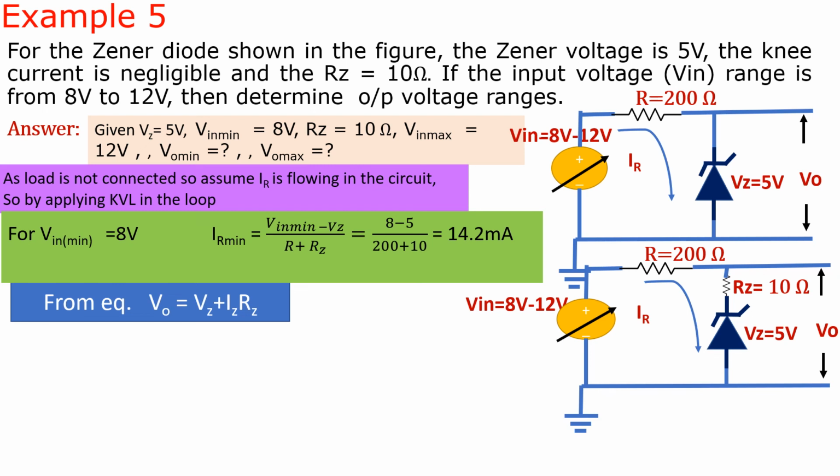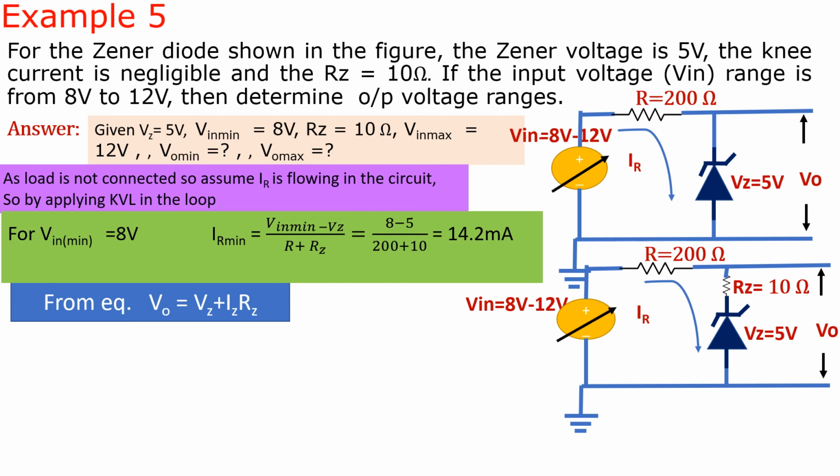And if we want to calculate the output voltage, it is not Vz equal to VO this time, it is VO equal to Vz plus Iz into RZ. Earlier we were using straightforward VO equal to Vz, but now RZ is finite, so we consider the presence of RZ, and add one more term in this equation.